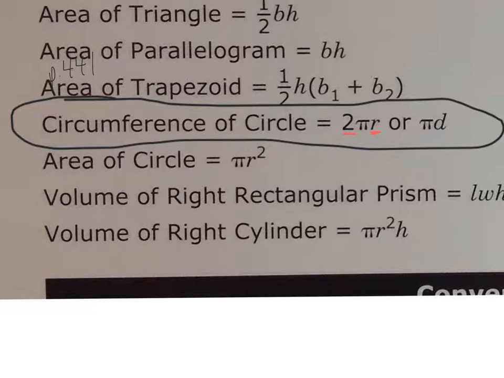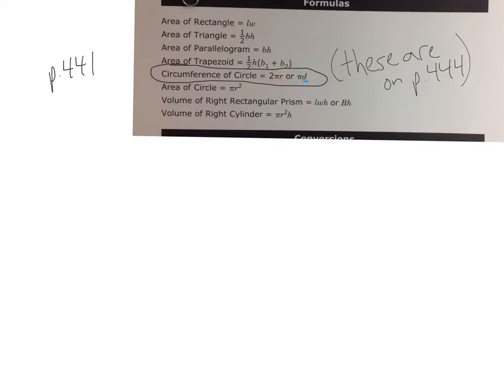Okay, you'll notice the pi is in both of these formulas. Basically one has a d and one has a 2r. If we go back to thinking about a circle, there's different ways we can have a circle.